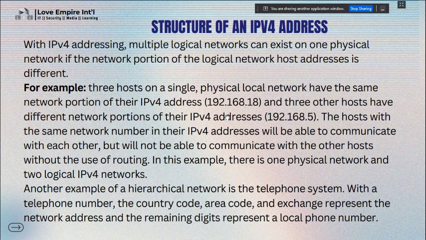For example, 3 hosts on a single physical local network have the same network portion of their IP address, 192.168.18, and 3 other hosts have different network portions of their IP version 4 addresses as 192.168.5. The hosts with the same network number in their IP version 4 addresses will be able to communicate. Okay?